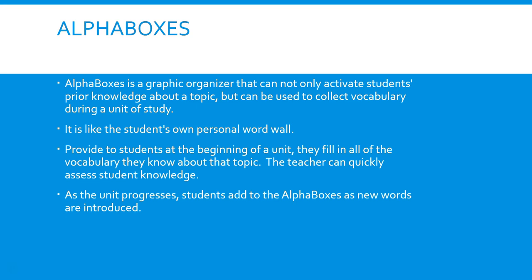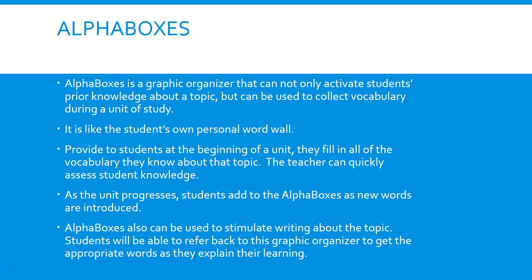With the alpha boxes, you would give these to students at the beginning of a unit. They would fill in all of the vocabulary that they know about that specific topic. And then the teacher can quickly assess student knowledge and figure out how many words they actually do know. As the unit progresses, as your lessons go from day to day, students then add to these alpha boxes as new words are introduced.